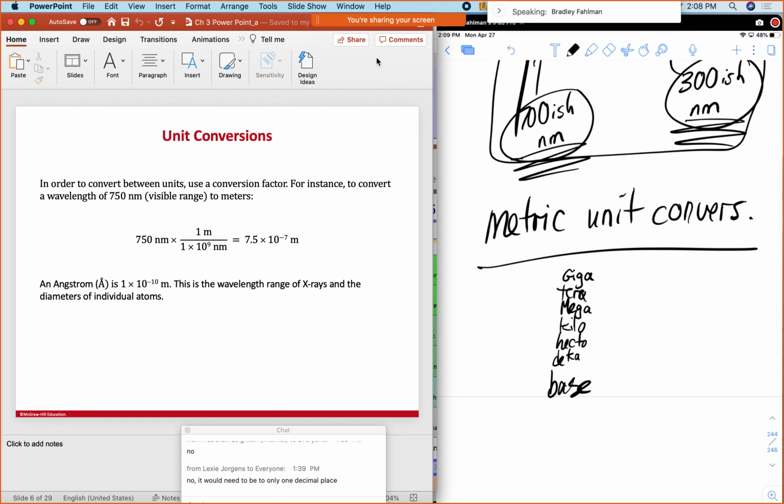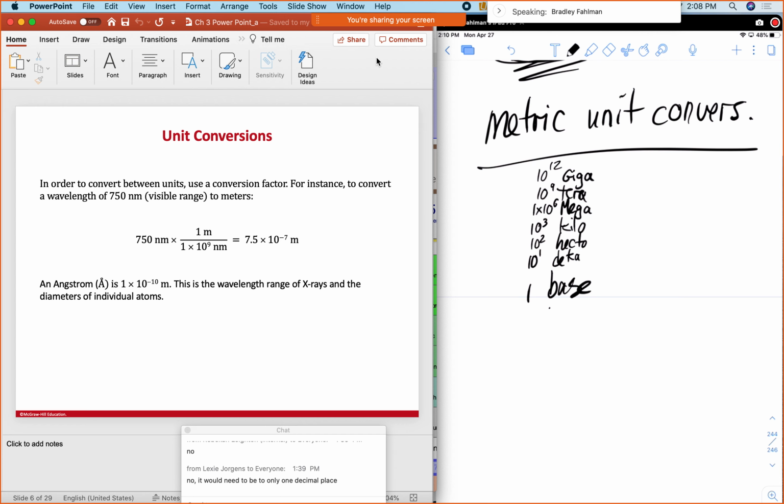If the base is just one, that's 10, 100, 1,000, and 10 to the 12th. So you should know all the way to giga as far as increasing size.